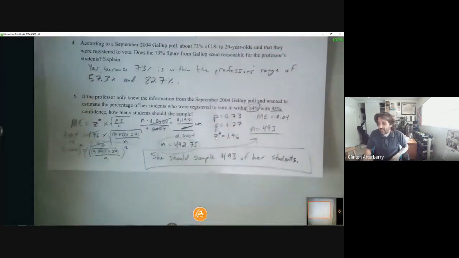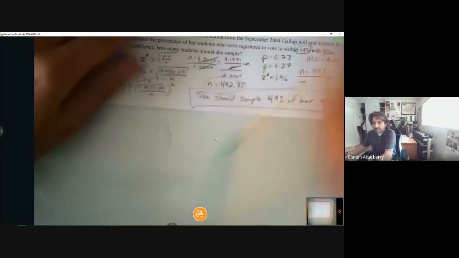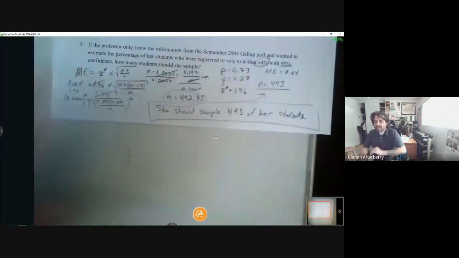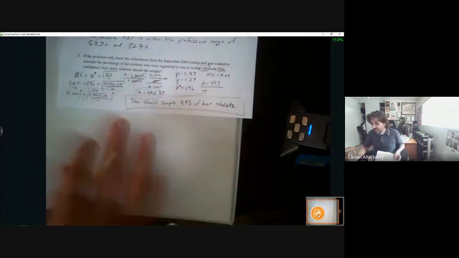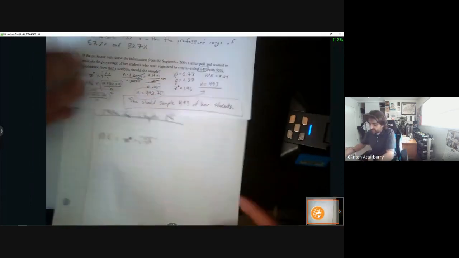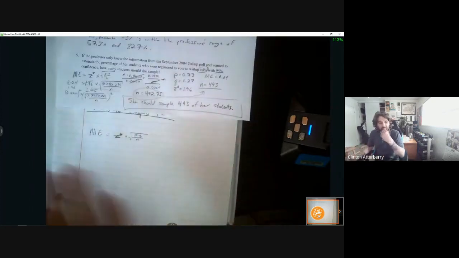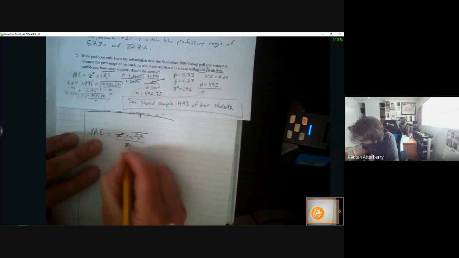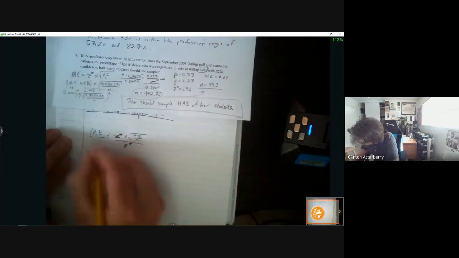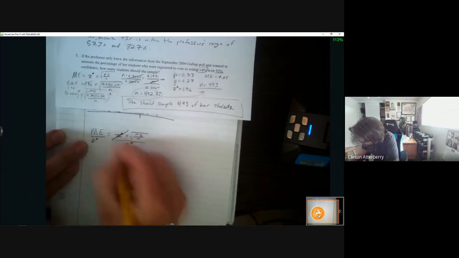So I'm going to do this problem like this, and I'll show you the algebra behind it. If you don't want to do all this, you can actually use a little formula, so let's create that formula. So what did I do first? I divided both sides by that little z star, so that's canceled out.